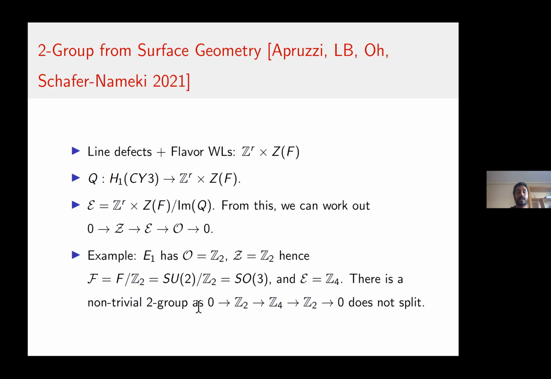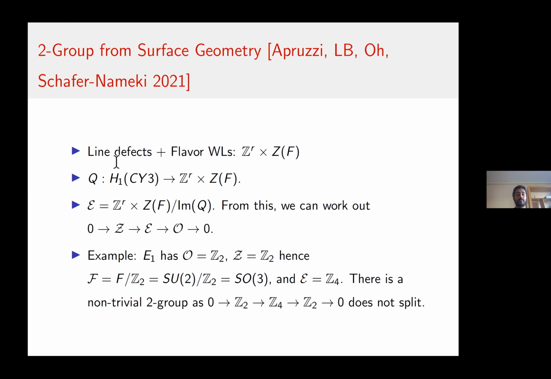Okay. And now in the context of 5D SCFTs, these 2-group symmetries can also be computed from surface geometry. It's all encoded in the intersection data. Okay. So what is the set of line defects? Our strategy is again the same. We do not perform a mass deformation, but we go into the Coulomb branch of the conformal theory.